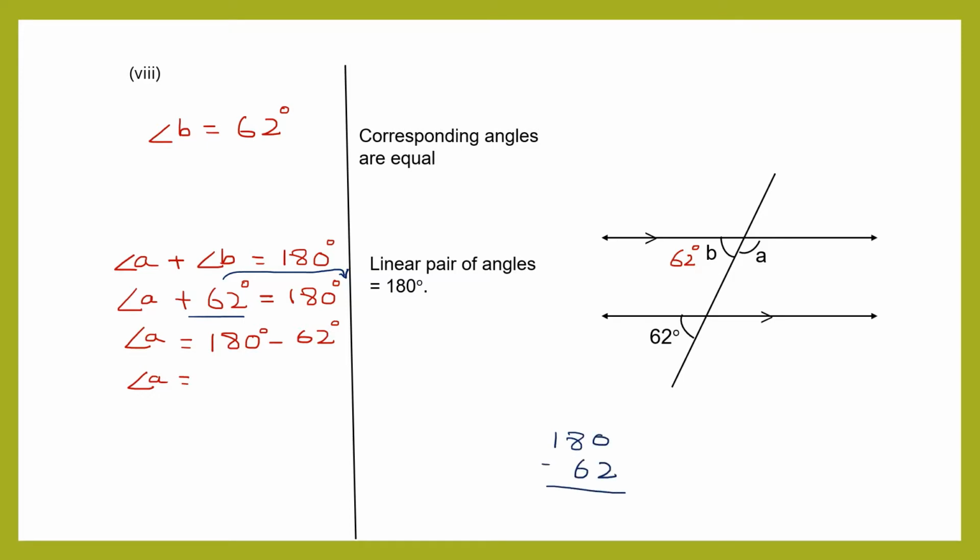So let's do that subtraction here. I'm going to borrow. So that is 10 minus 2 is 8. 7 minus 6 is 1 and this is 1. So we have found angle A to be 118 degrees. So we've got our answers. Angle A is 118 degrees and angle B is 62 degrees.